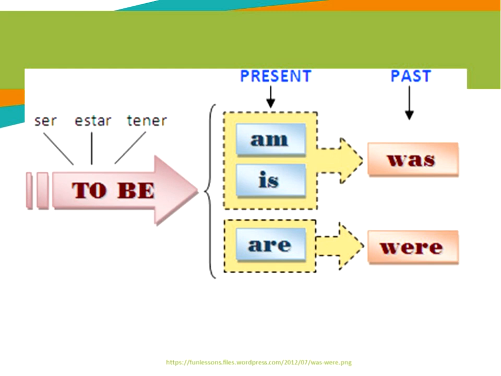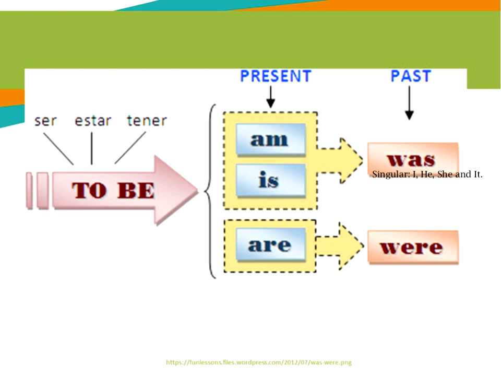So remember, was is singular: I, he, she, and it. Whereas, were is used for plural: we, they, and you. But you is both singular and plural. That's why you use it with were.